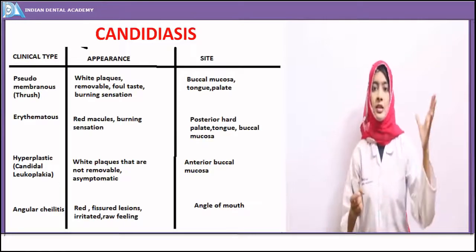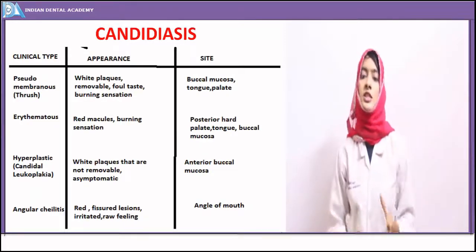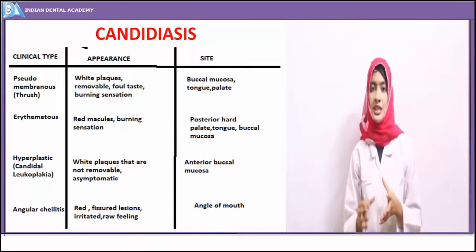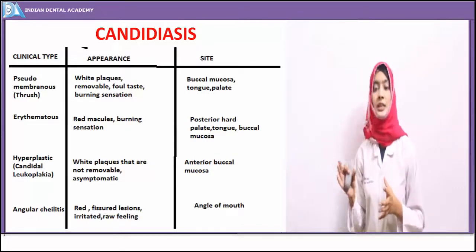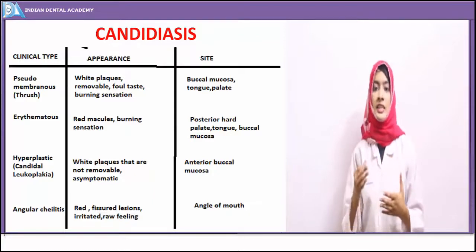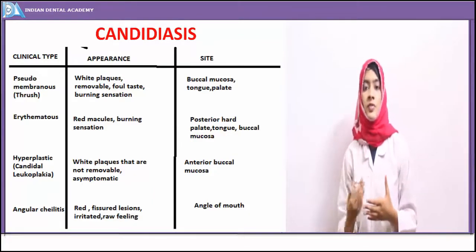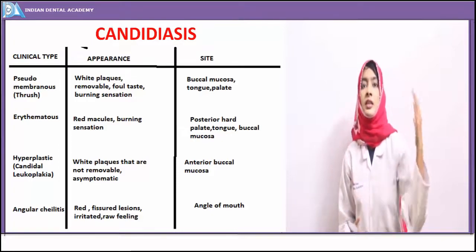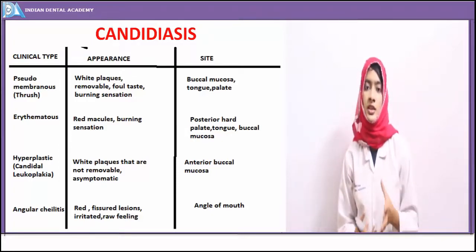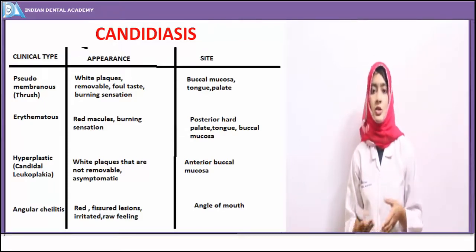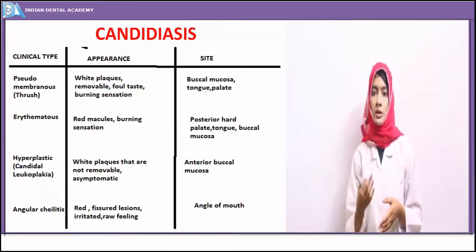So we'll study the most opportunistic and the most strongly associated lesions with HIV infection. First is candidiasis. As we all know, candidiasis is a fungal infection caused by the fungus Candida albicans, and it is the most common opportunistic infection, because Candida albicans is actually a normal inhabitant of the oral mucosa.